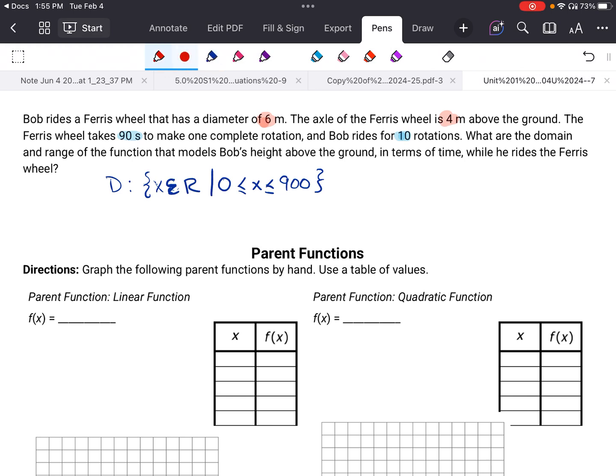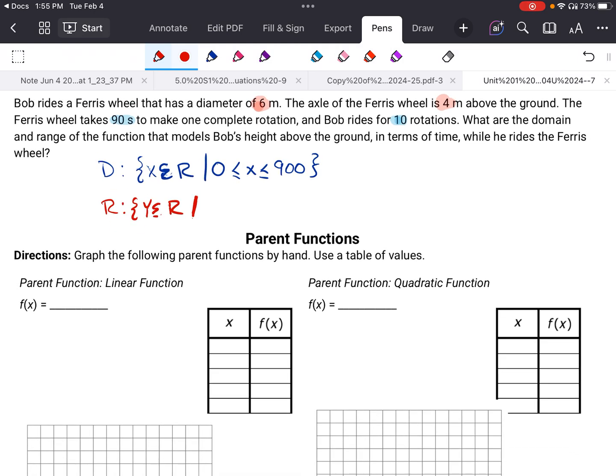The range is highlighted in red. Again, you can be 3.5 meters off the ground, so it can be decimals. It's saying the diameter is 6 and the axis line, the middle line, is at 4. That means it's 3 on each side of the axis line, so it has a minimum of 1 meter and a maximum of 7 meters.